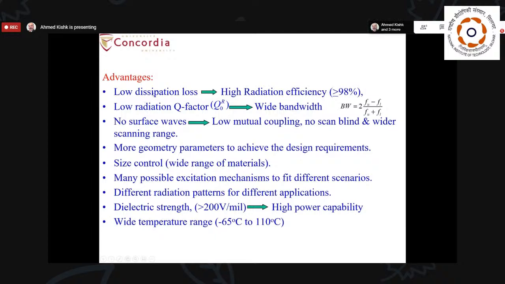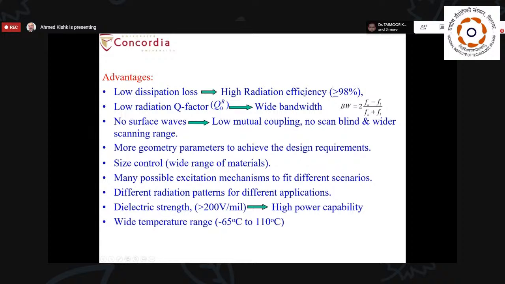The advantage is that this material is a low loss type of material, like ceramic, with low dissipation loss. That means it will give us very high radiation efficiency. This is unlike the concept related to dielectric resonators in the past, that these materials have very high Q, meaning very narrow band, and are not radiating.